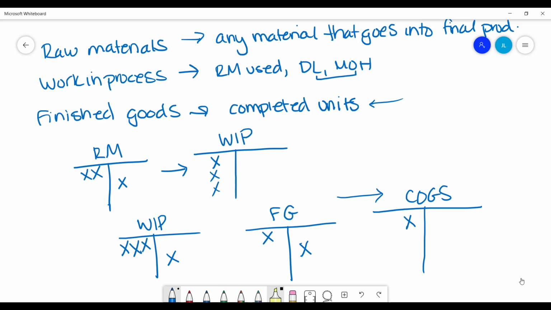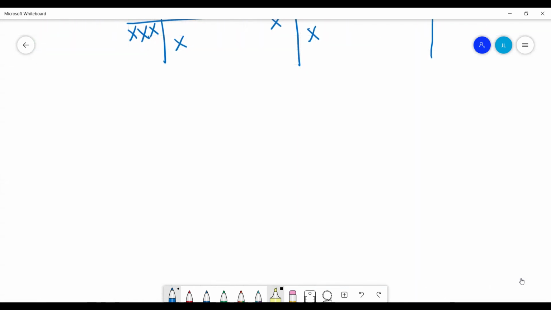Okay? So again, product costs, they're going to include direct materials, direct labor, and manufacturing overhead. Okay? And period costs is actually going to involve your selling and administrative costs. Okay? So I'll actually just do a more summarized version of what I showed you up there. So remember, we looked at 3 different types of inventory accounts depending on their stage in the manufacturing process: raw materials, work in process, and finished goods. Okay?